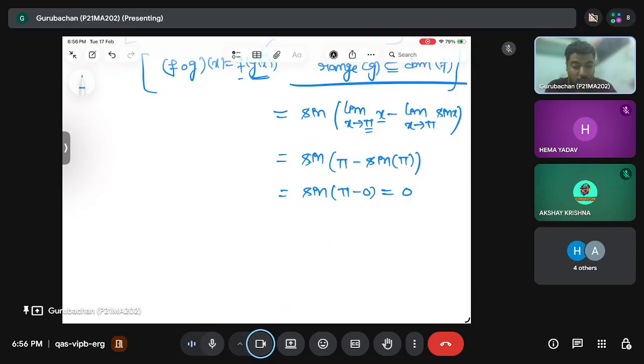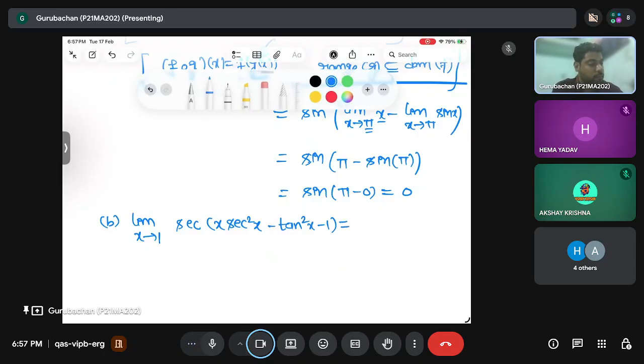Now in the same way, following these algebra of continuity rules, tell me the limit of x secant square x minus tan square x minus 1, as x tends to 1. So this is your question.